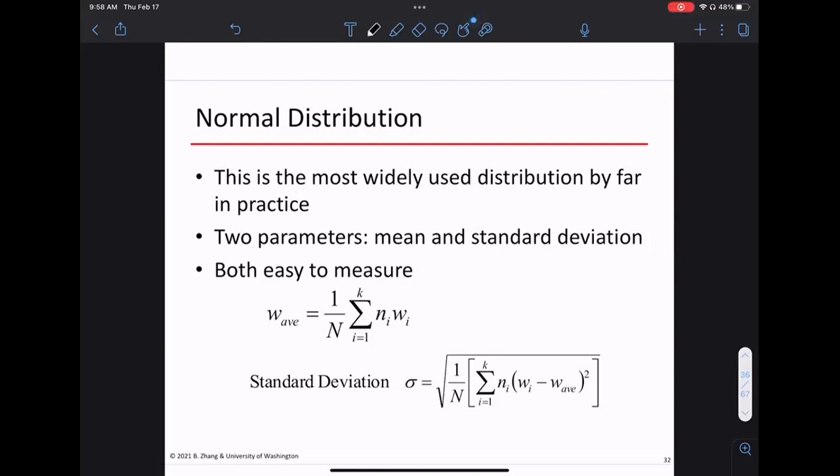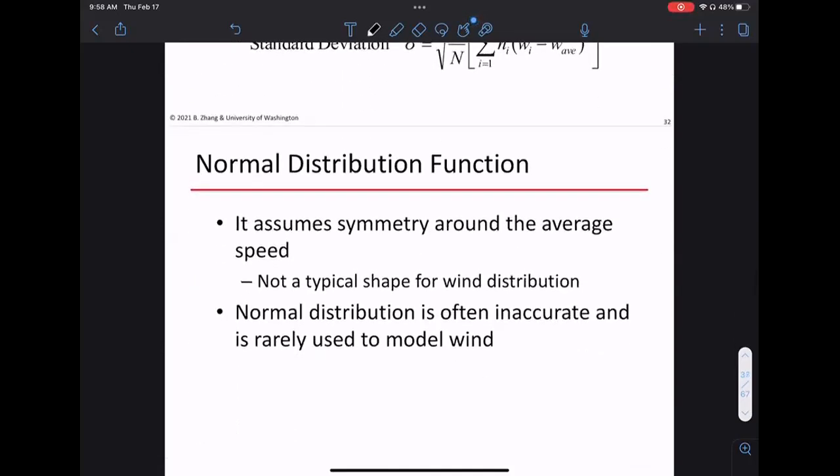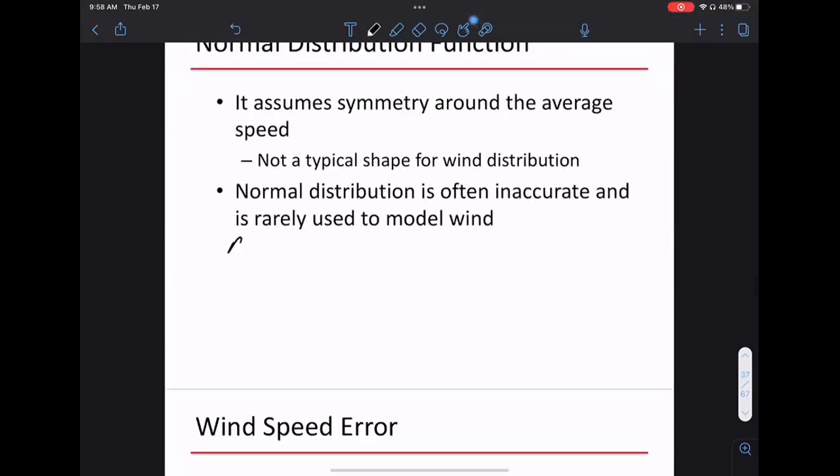The interesting thing about Gaussian is that we really want to use it. It's easy, and I can work with it algebraically. The problem is that Gaussian is not a very accurate model, and you have this problem when it comes to wind power. Wind power is not very well described by Gaussian.